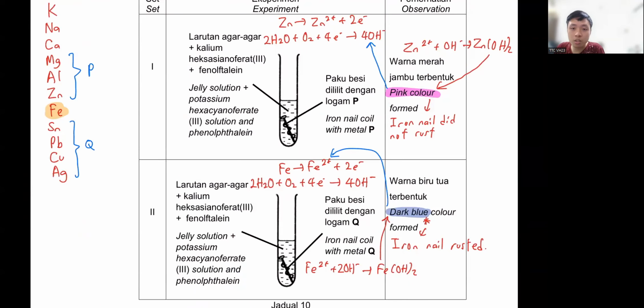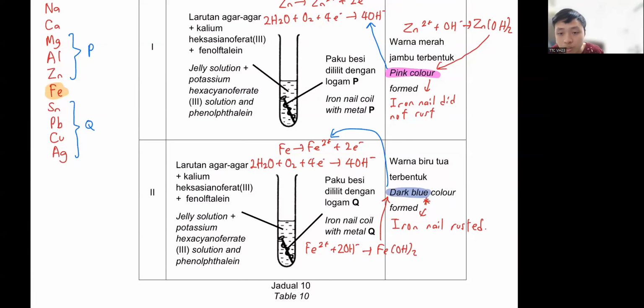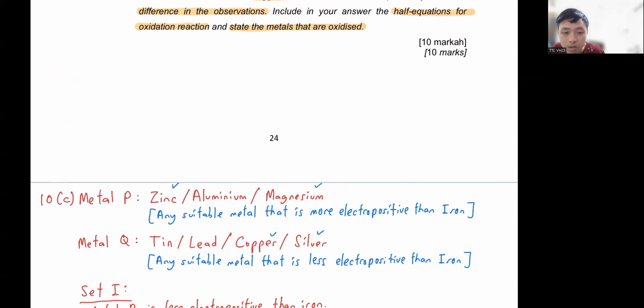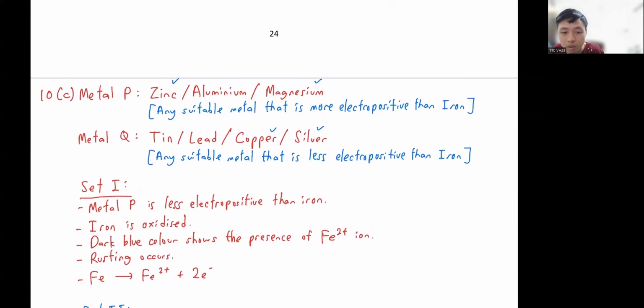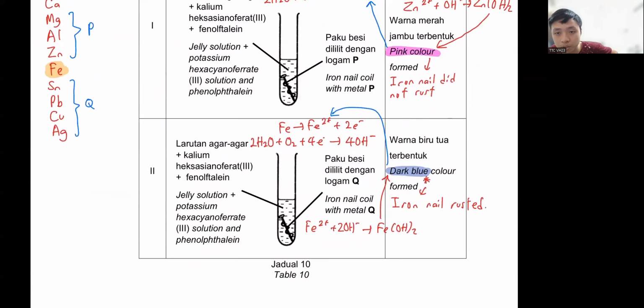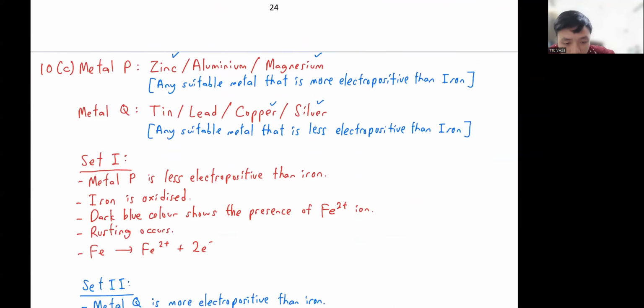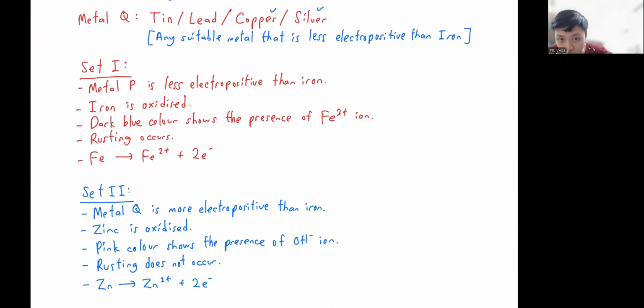Step 1 is actually talking about P. Metal P is more electropositive than iron, sorry. So this one is metal Q.